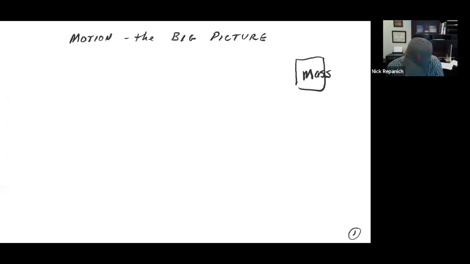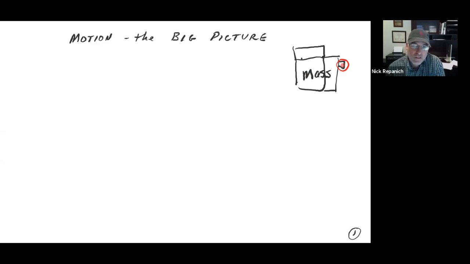It may be some combination of multiple masses. And actually, a lot of times what happens is, here's the one that you really want to move, but you end up moving all sorts of other components that weigh a lot more just to move the one thing you really want to move.